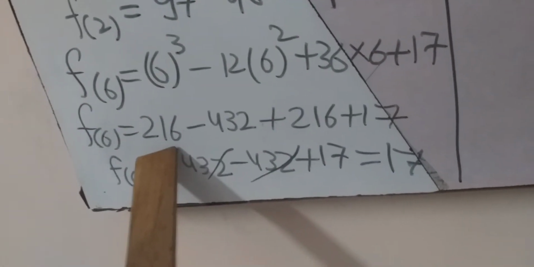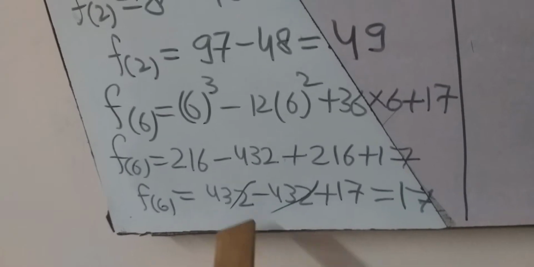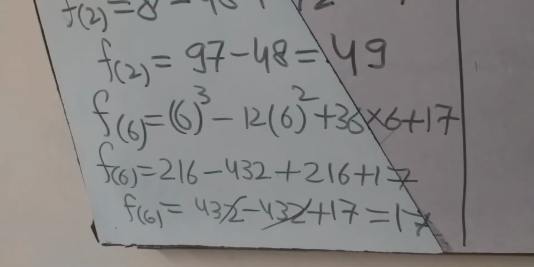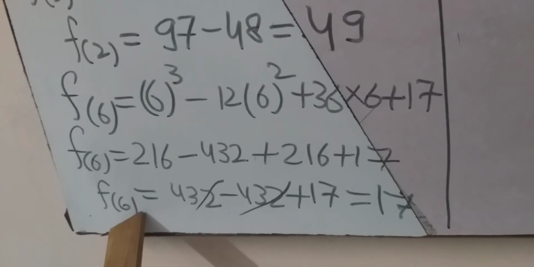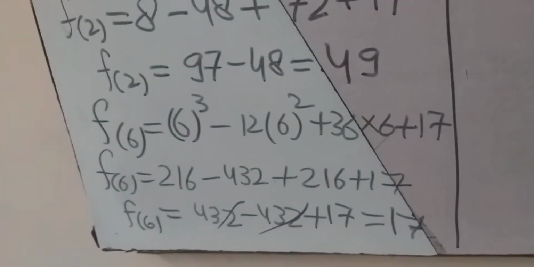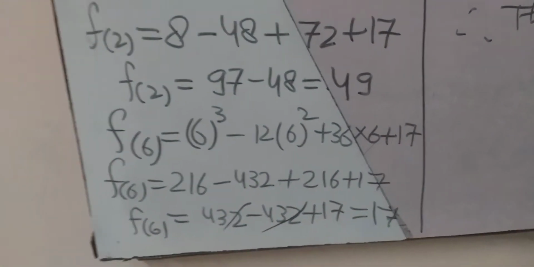So 216 and 216 is 432. So 432 minus 432 plus 17. So 432 and 432 cancel. The value of the function at 6 is 17.